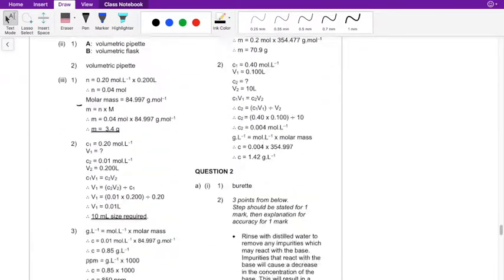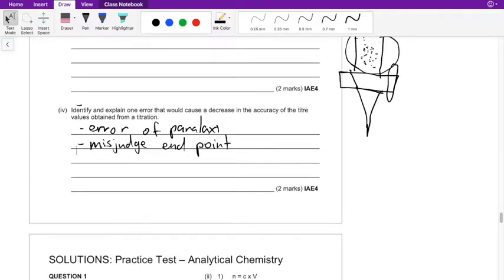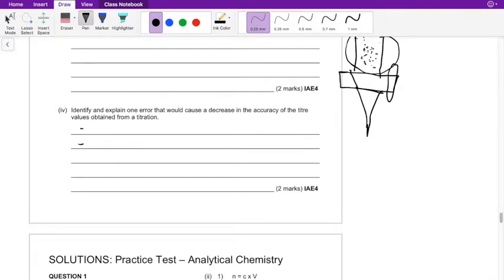Oh, sorry, hold up. What have I done? Decrease the accuracy. Sorry, they should be systematic errors. So systematic errors could be making an incorrect stock solution concentration at the start, which would cause a systematic error because then you're titrating against a wrong stock solution concentration.